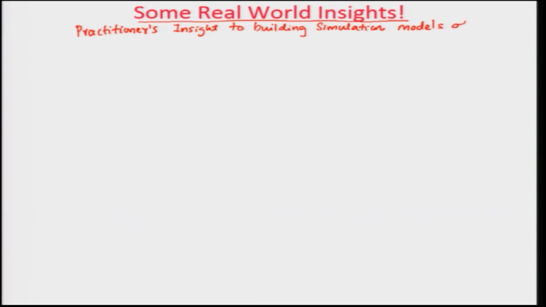With that, we will now talk about some real world insights. Okay. So, this is a practitioner's insight to building simulation models of various business systems.